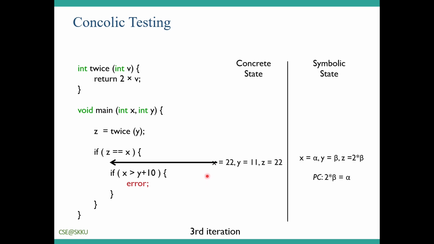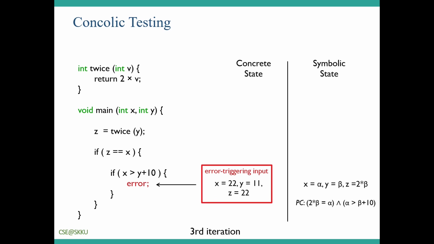At the next line, we get into the true branch, so we update the true branch condition in the path condition, 2 times beta is equal to alpha. Finally, we reach the inner true branch, the one that triggers the error.